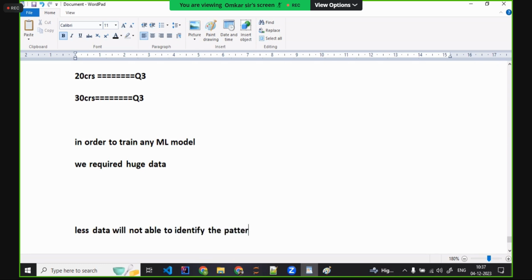When more data is there, he'll try to understand and connect the dots more, right? So that's why more data is better. So whenever data is less, go to the data augmentation technique.